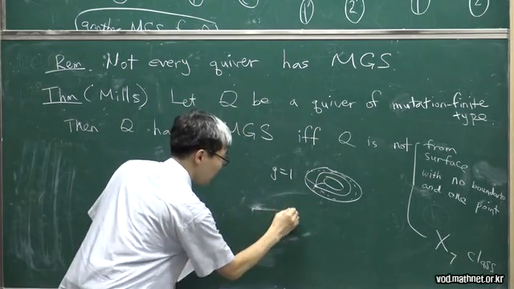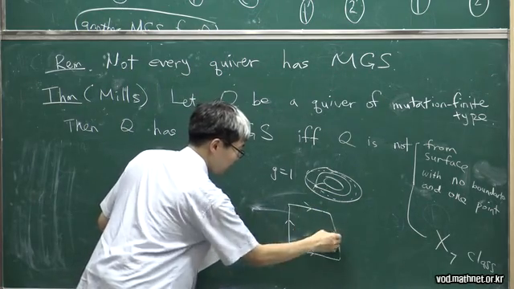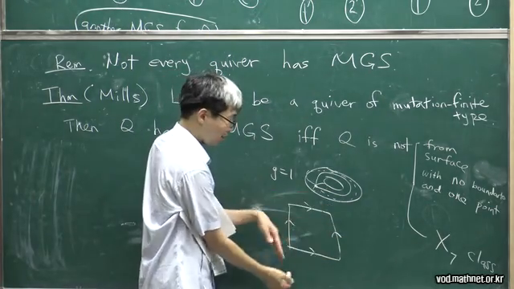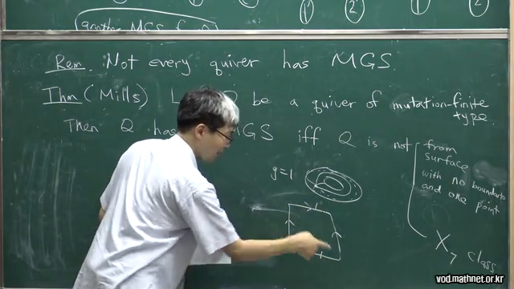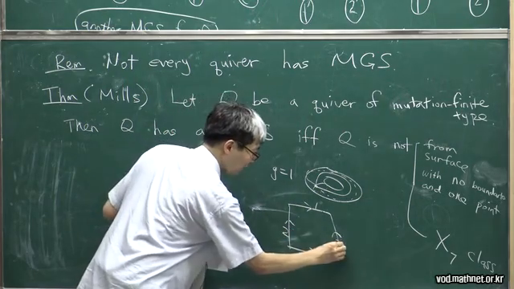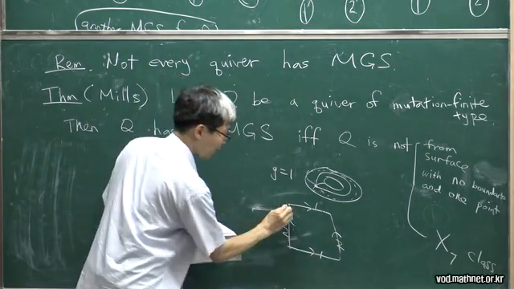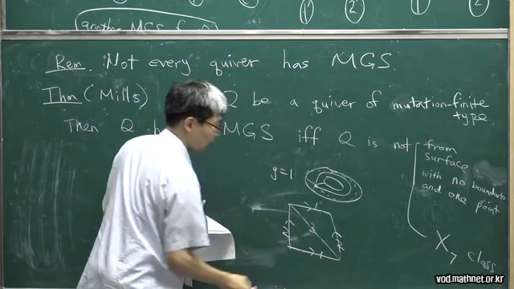So on the universal cover, it looks like I identify top and bottom and left and right. So these edges are labeled by the same label, and these edges are also identified. And to take a triangulation, I just take a diagonal, something like this.